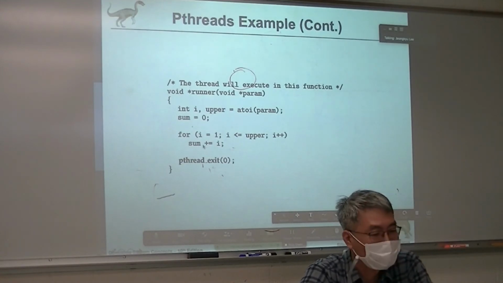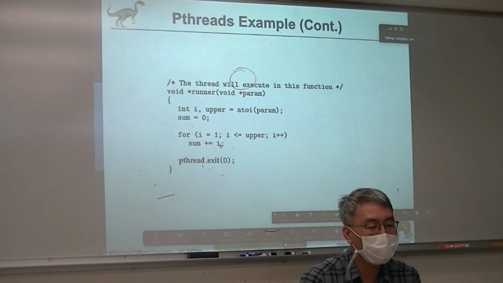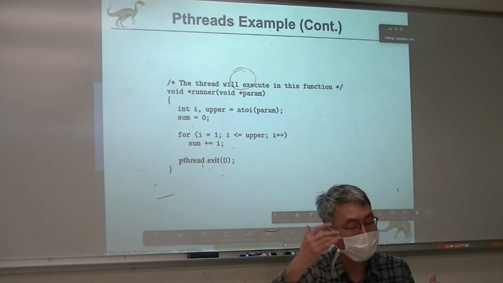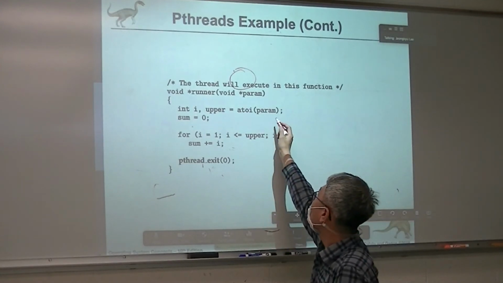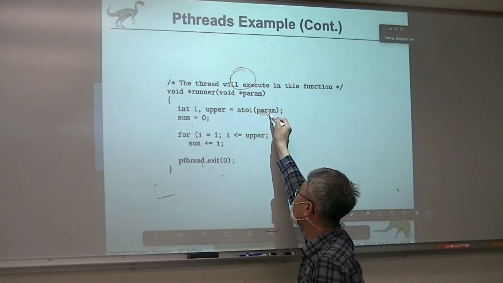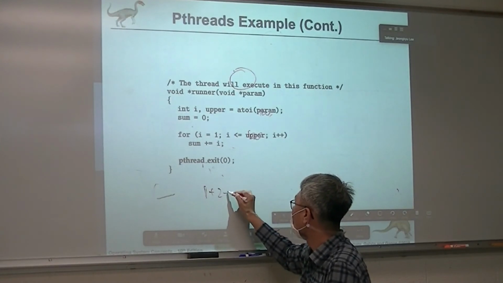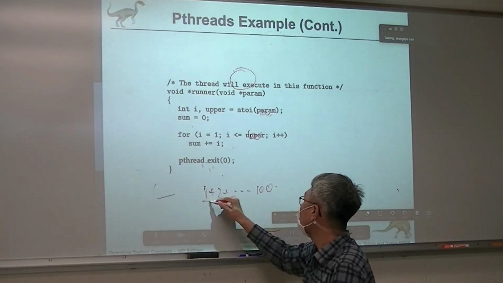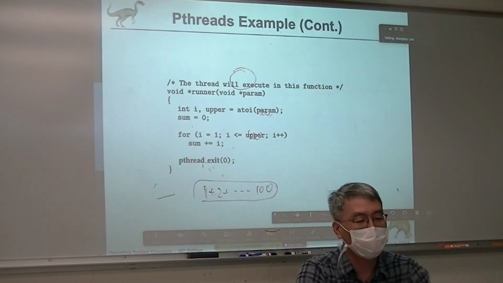This is the logic, this is your program: sum of 1 to upper, the input value. So if the input is 1,000, it's 1 plus 2 plus up to 1,000. This is the thread programming.